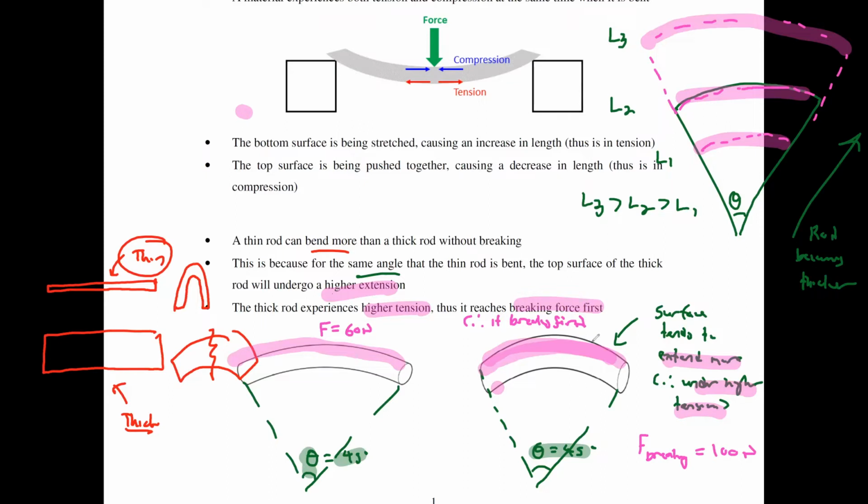But for the thick rod, because it's thicker, I bend it for the same angle, this surface will extend more. It will have higher tension, so the force here will probably be 95 Newton. It will definitely be larger than the ones here. So it tends to break faster. It will break first.